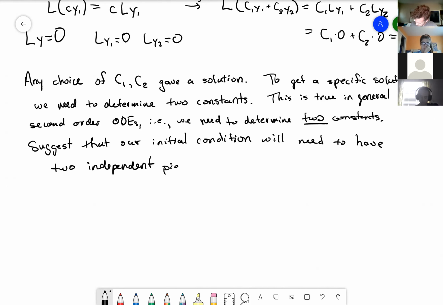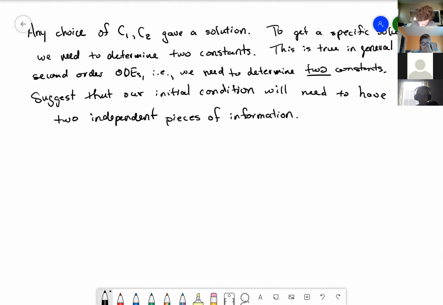Now when we're talking about second order linear ODEs, these two pieces of information are always two specific pieces of information when we call it an initial value problem. So here's what we have for a second order linear initial value problem.